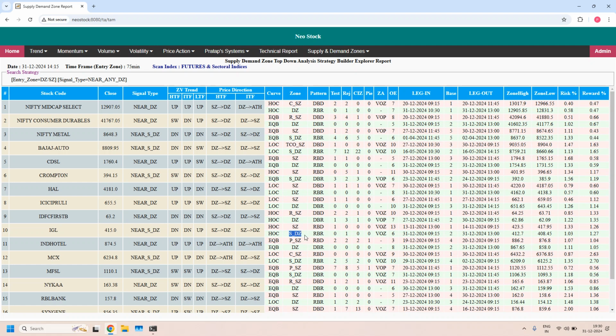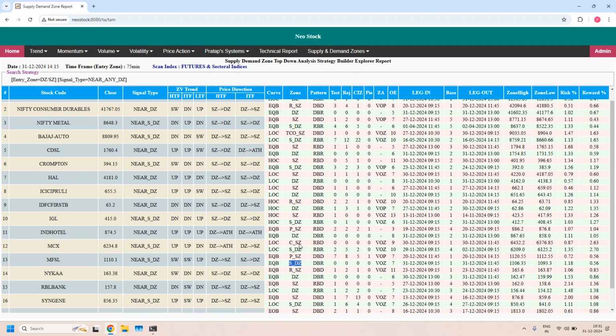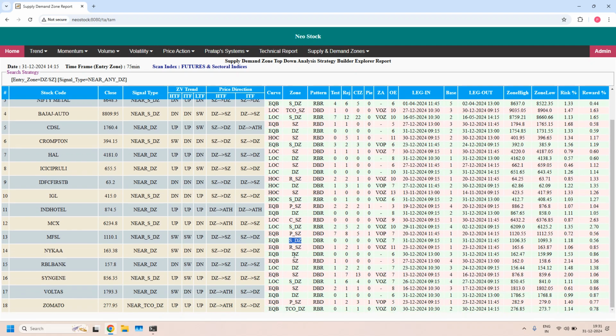IGL is having a high liquidity zone. MCX is having a high liquidity zone. MFSL is having a high liquidity zone. Syngene is having a high liquidity zone. So total 6 high liquidity 75 minutes demand zones we identified from this list.